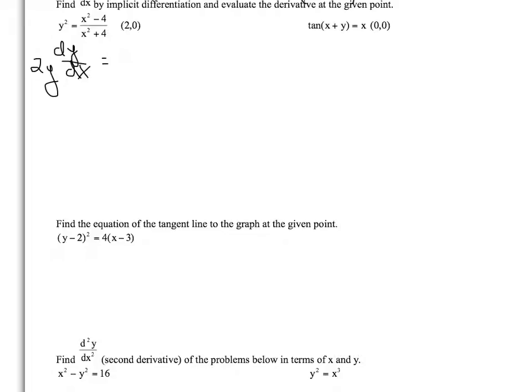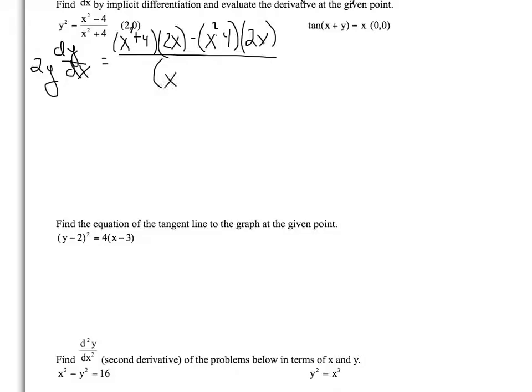So quotient rule says denominator, x squared plus 4, times the derivative of the numerator, which is 2x, minus numerator, x squared minus 4, times the derivative of the denominator, 2x, all over denominator squared.